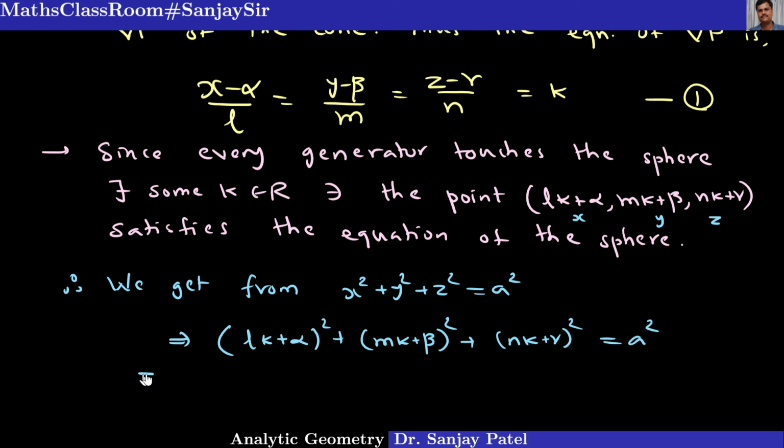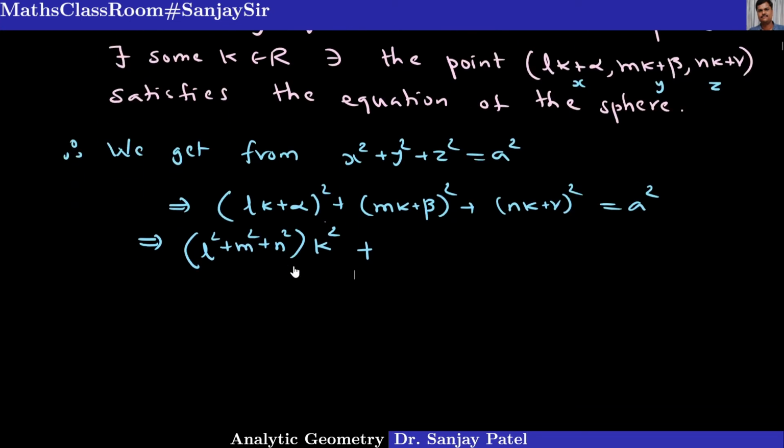And if you further simplify this, I'm writing directly, taking the first terms of these three brackets. The first term is l square k square here, here it is m square k square, and here it is n square k square. So k square is common. So I can write it as (l square plus m square plus n square) multiplied by k square. Now collecting the middle terms of these perfect squares, which is here 2l alpha k, here it is 2m beta k, this is 2n gamma k.